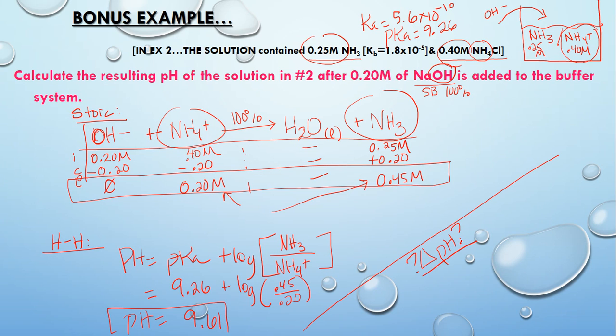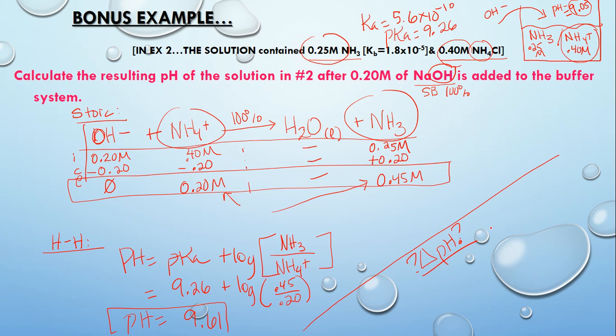So before adding any of this base to this system, we determined in example 2 that the pH for example 2 was, let me go back to my notes on that, 9.05.